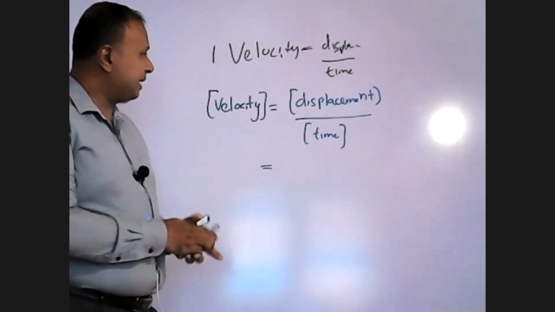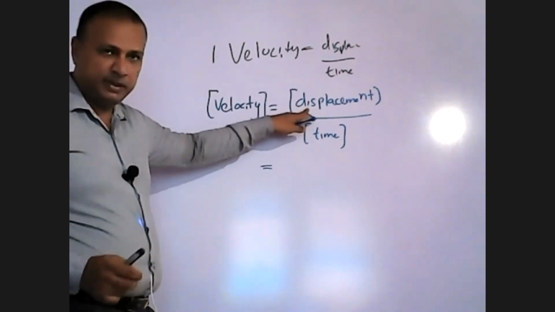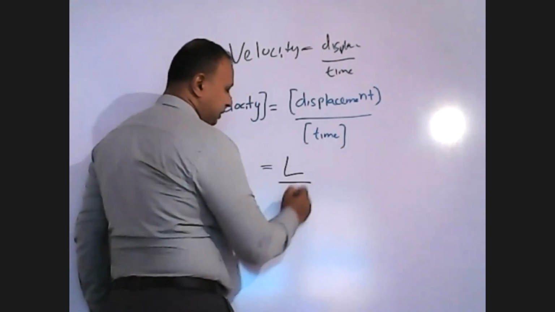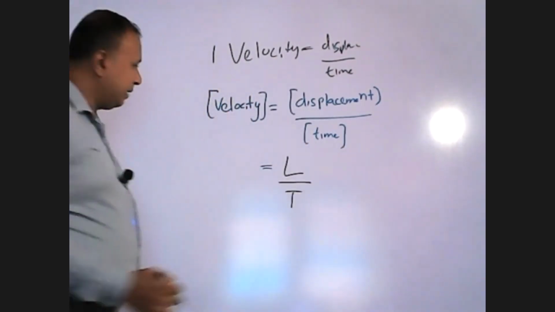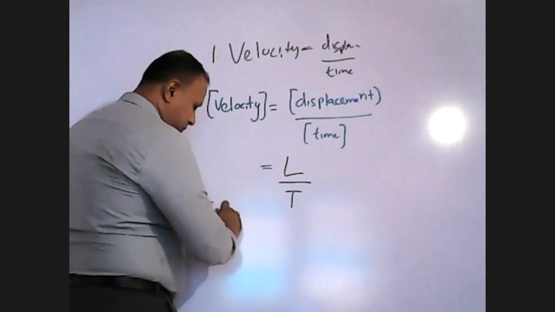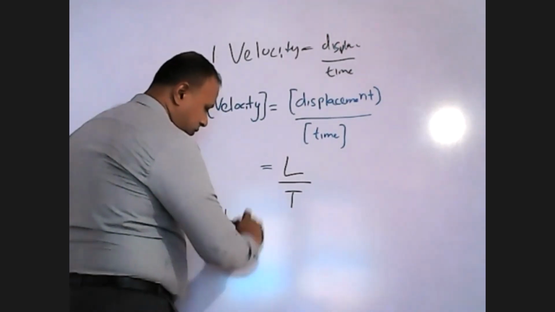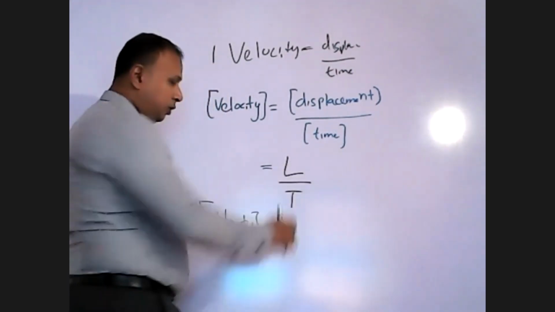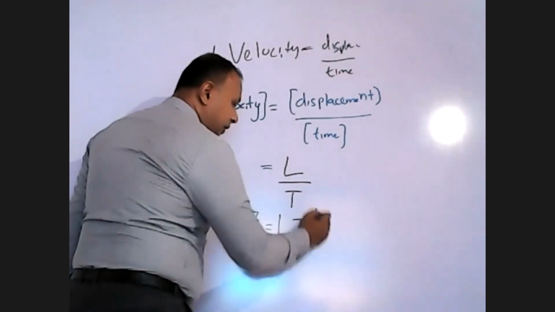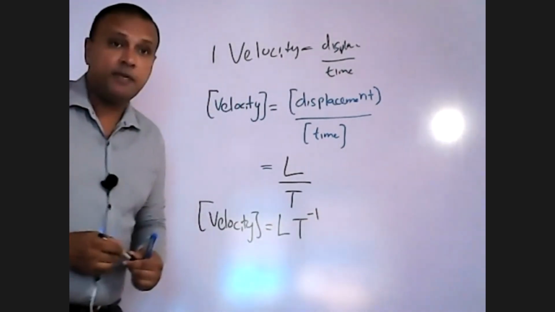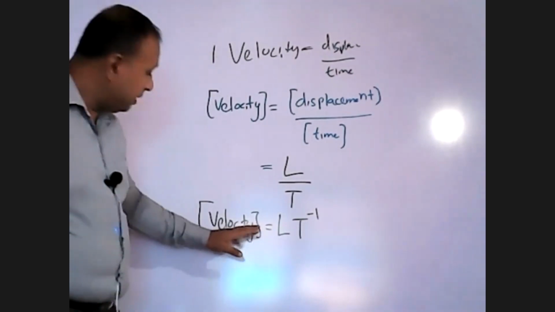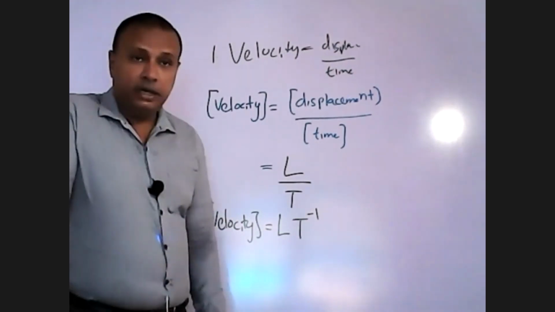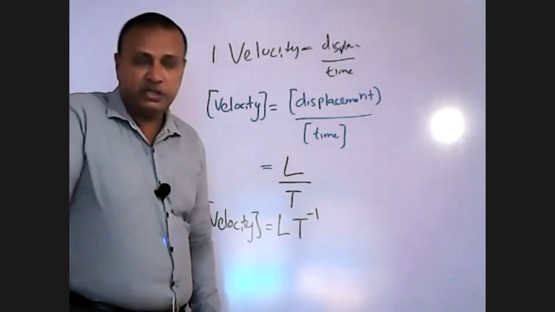In this case, the dimension of displacement is L. Then the dimension of time is T. Then the dimension of velocity is equal to L, and you have to bring this T to the numerator, so then it will be T^-1. So the dimension of velocity is LT^-1. That is the way of deriving the dimension of derived physical quantities.